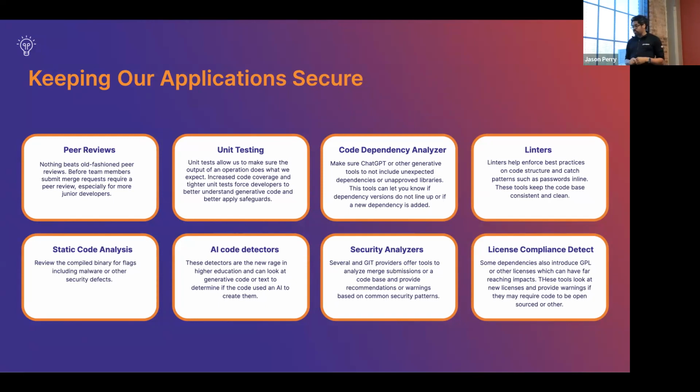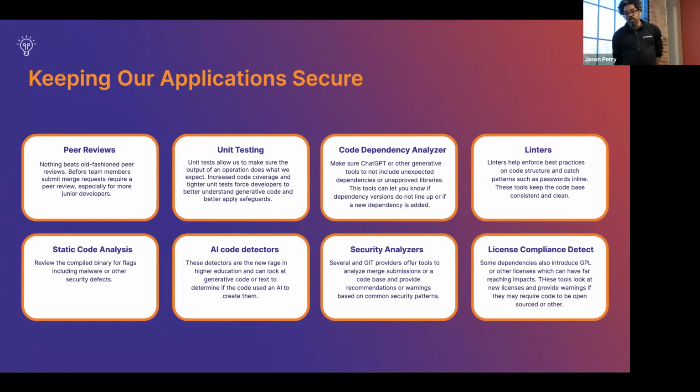So these dependency analyses will make sure that if ChatGPT suggested that you use one dependency versus one that's already in your code set, it first flags the fact that you should be using something that already exists. And also it will make sure that everything's using the proper versions and keep your applications production ready whenever a new build happens.